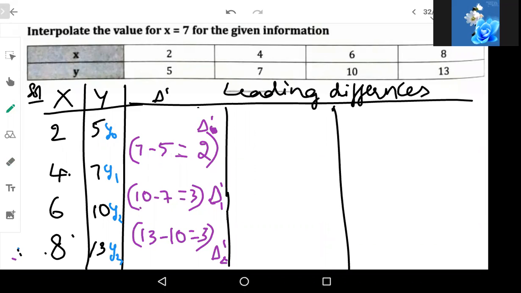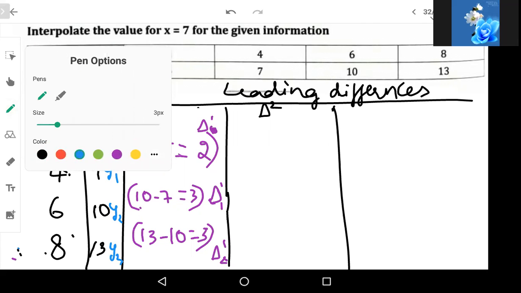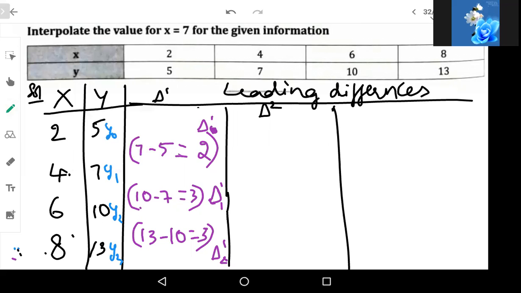That will be the second leading difference. Put a small triangle to the power 2. You can have another row here to depict first leading, second leading and third leading. Now let us start the values. Right in between the first two, 3 minus 2 is equal to 1.